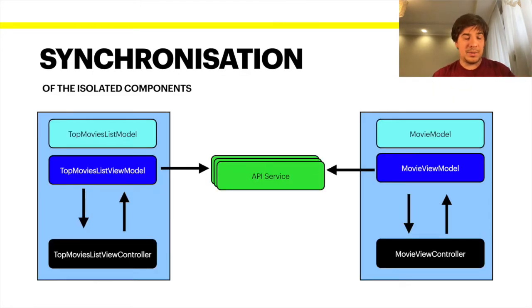The problem with using isolated components is that while we have pretty good isolation, with the growth of components and their history and development, we need to synchronize the components themselves, so they start to talk to each other.